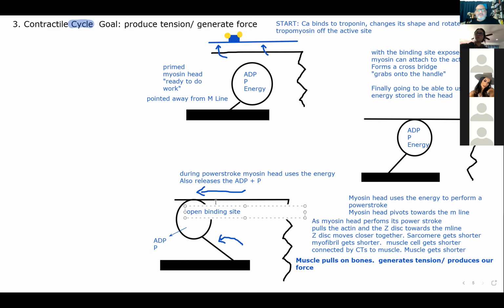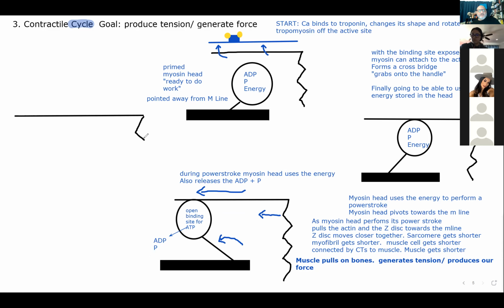And what can bind to this open binding site? ATP. Exactly. So when the ADP and the phosphate leave, we now have an open binding site for our ATP. And that is what happens next. So let's get some drawing. There's our actin.